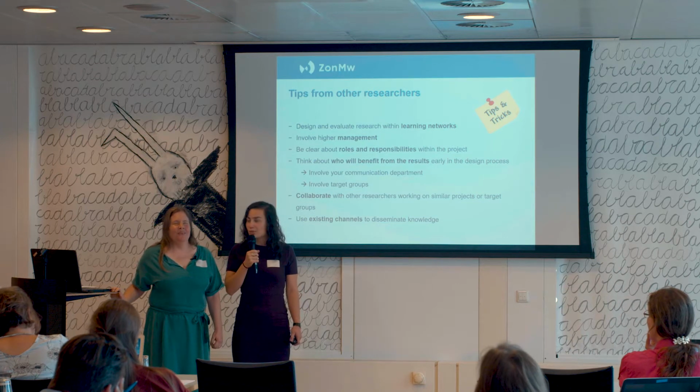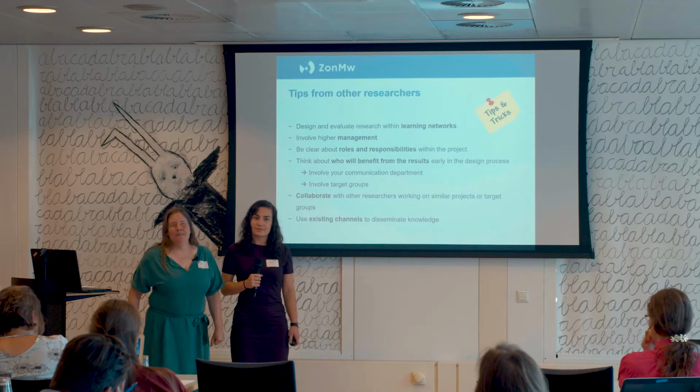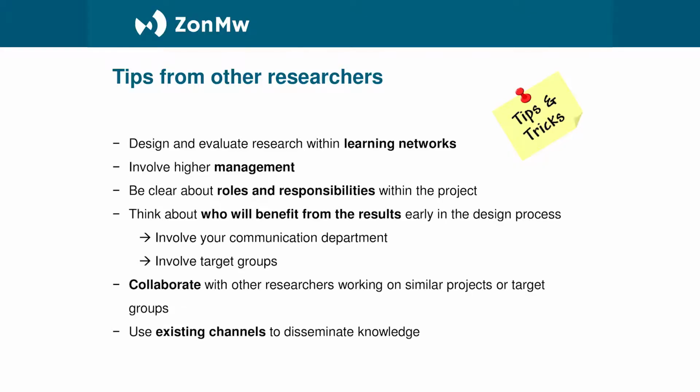Yes. So we also got some tips from fellow researchers. Well, here we come back again to involvement and collaboration. Does anybody see a trend here? You want to work with professionals, and we call them learning networks.